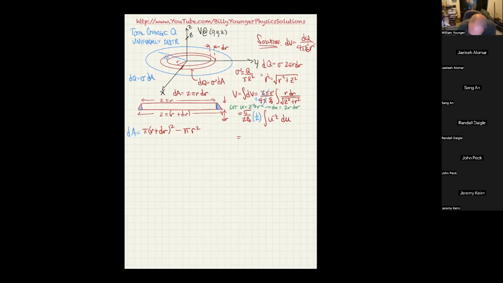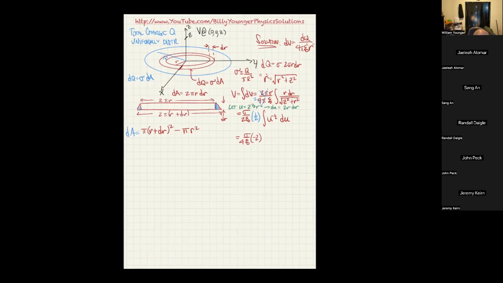So I'm now going to get sigma over 4 epsilon naught times negative 2. Notice the 1/2 I already absorbed down in the bottom and made it 4 instead of 2, so that's taken care of.